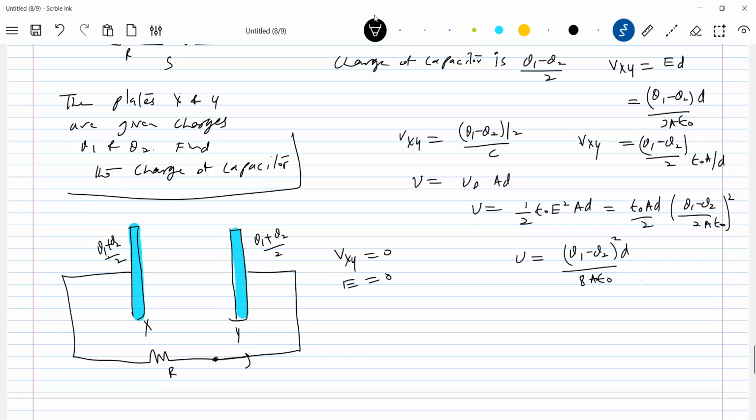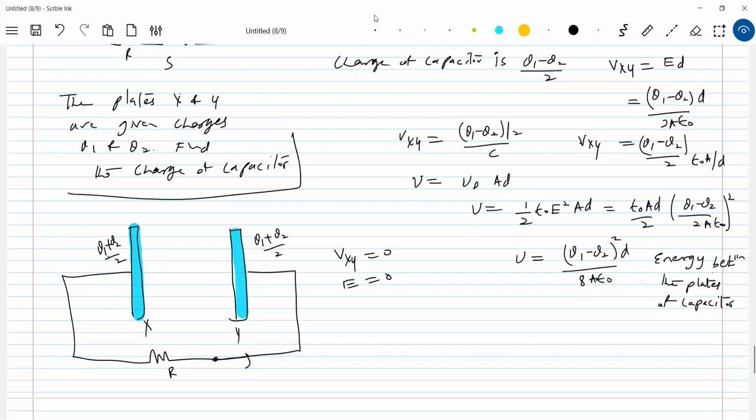All the energy in the capacitor, the energy between the plates of the capacitor, will be the heat generated across the resistor.